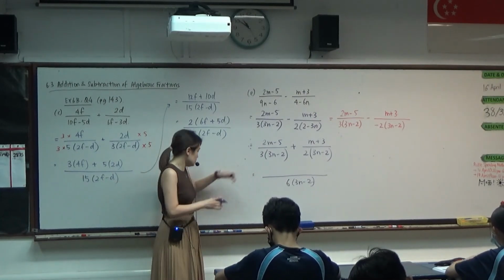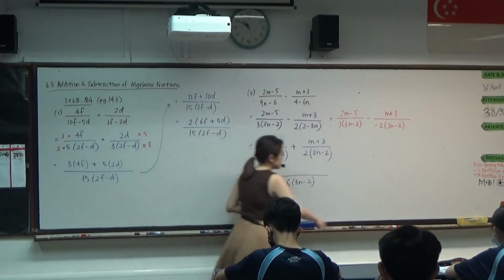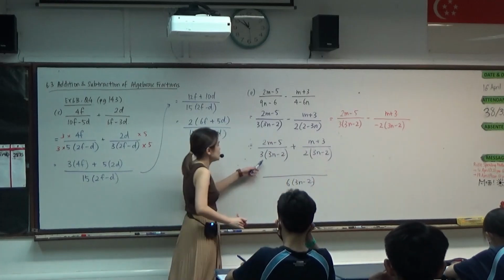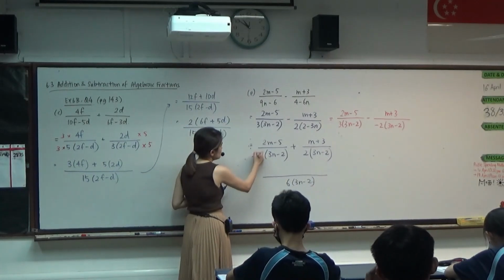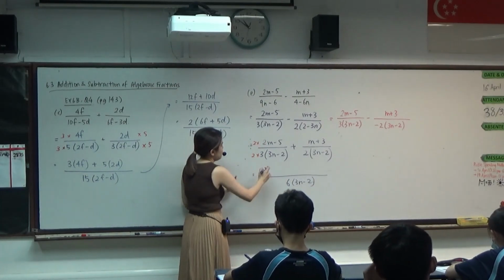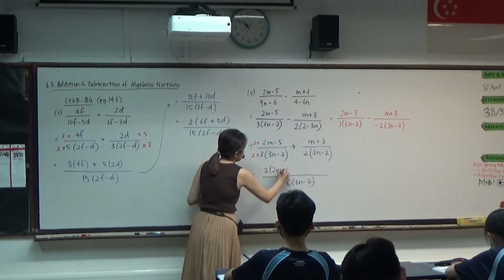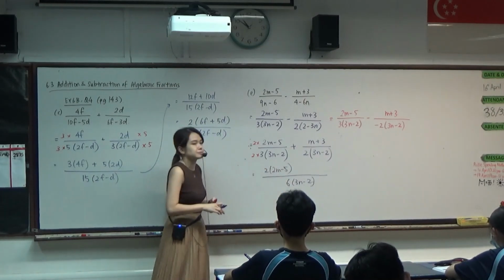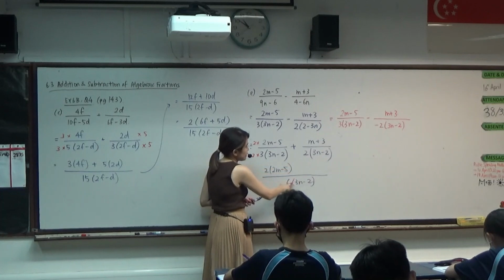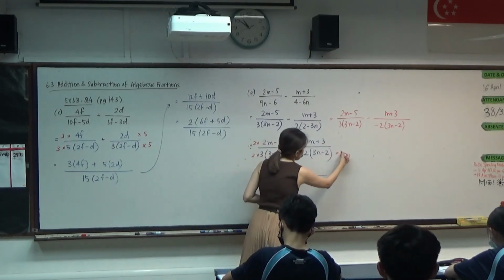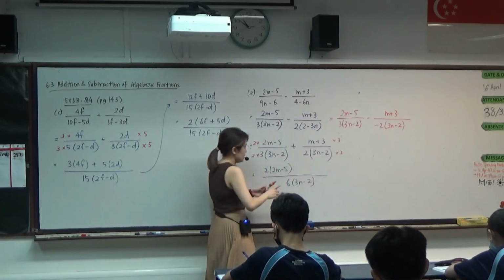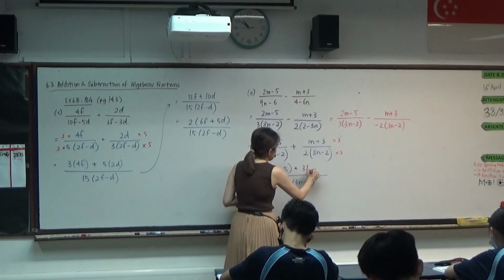Okay, so now we handle the numerators. To achieve a 6, I need to times 2 times 2. So I will have 2 times 2n minus 5. On the right fraction, I will times 3 times 3 in order to get 3 times n plus 3.